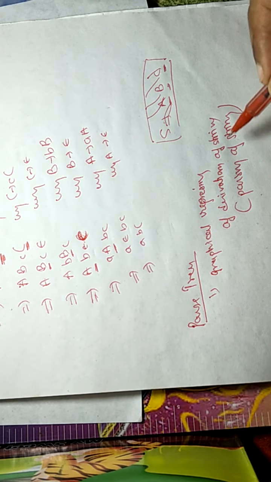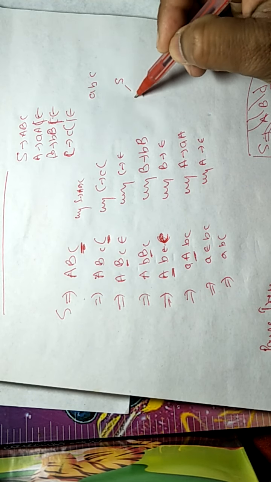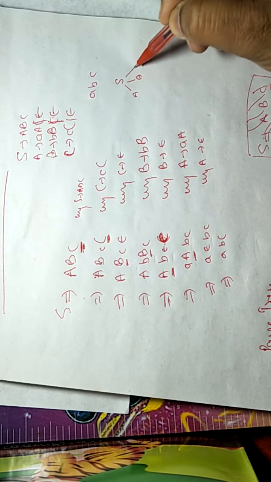So first we use the production S tends to ABC. Suppose I want to draw parse tree for this derivation. So first we use S tends to ABC. I will represent it like this, and then we replace this C by CC. Then we replace this capital C by epsilon.